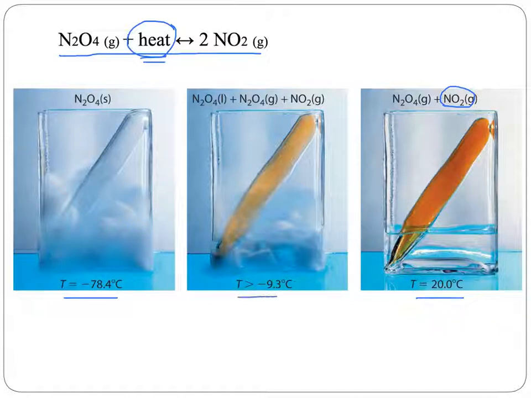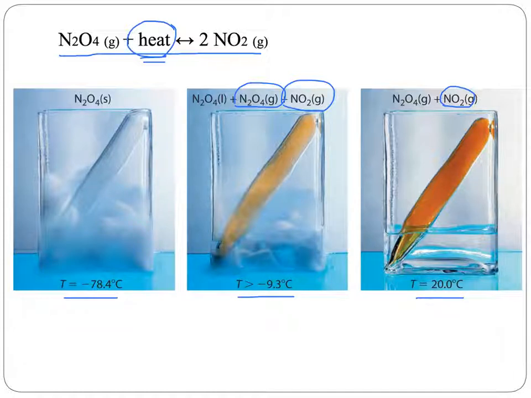But in these medium temperatures, a little bit cool there, -9 degrees Celsius, we are seeing both the dinitrogen tetraoxide gas, which is colorless, and the nitrogen dioxide gas, which is dark brown. Both are present at the equilibrium state at this temperature, and so the gas in this sealed tube is a light brown color.